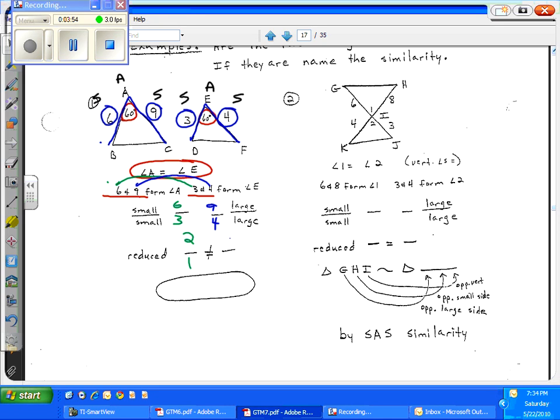Nine over 4 doesn't reduce. They do not come out equal, therefore they are not similar.